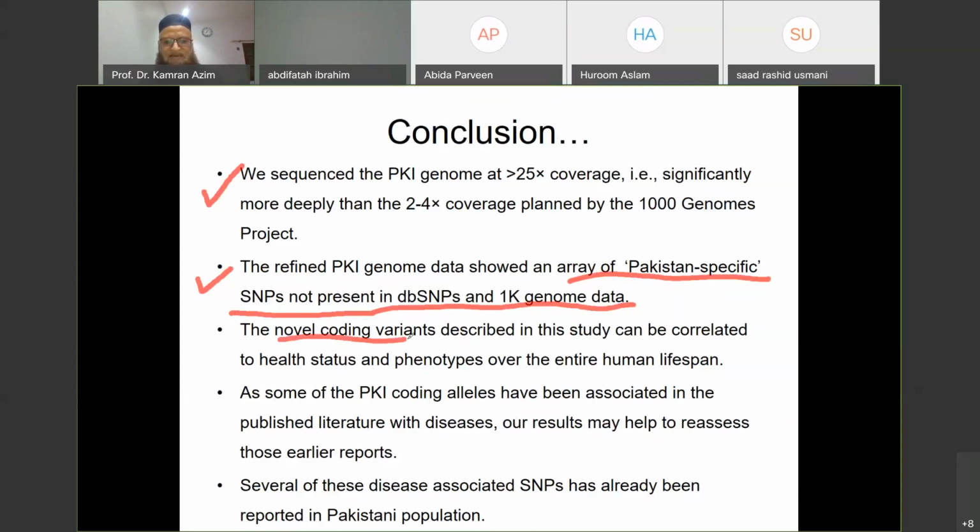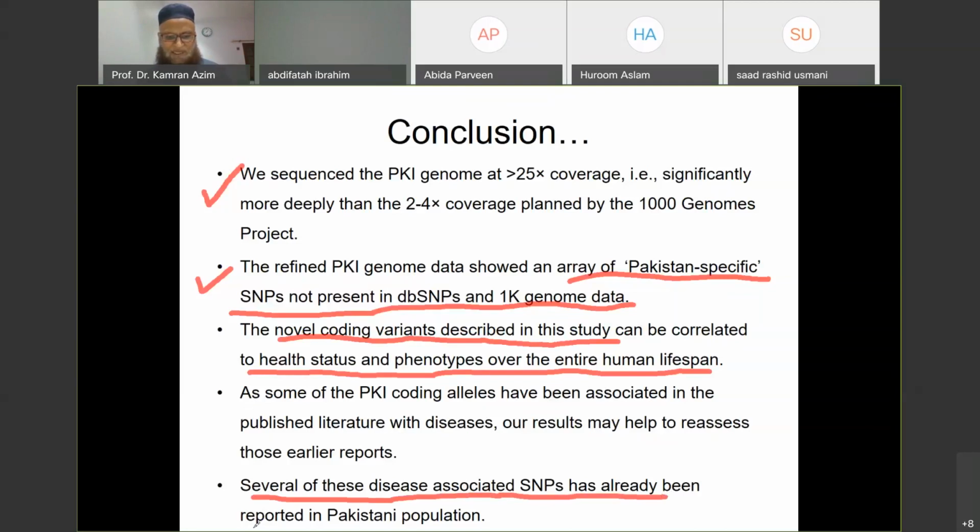Novel coding variants described in this study can be correlated with health status and phenotypes over the entire human lifespan. Several of the disease-associated SNPs have already been reported in Pakistani individuals, if not the Pakistani population. So these are some of the conclusions of the genome sequence and variant analysis of an individual.